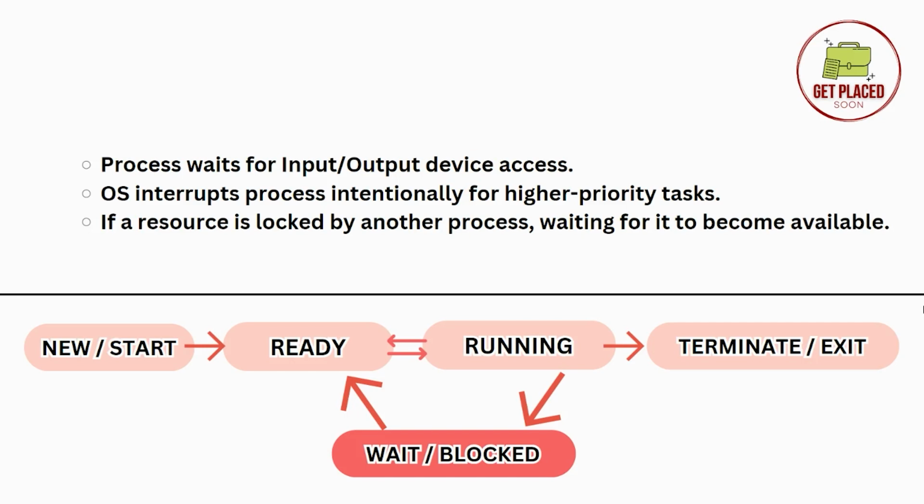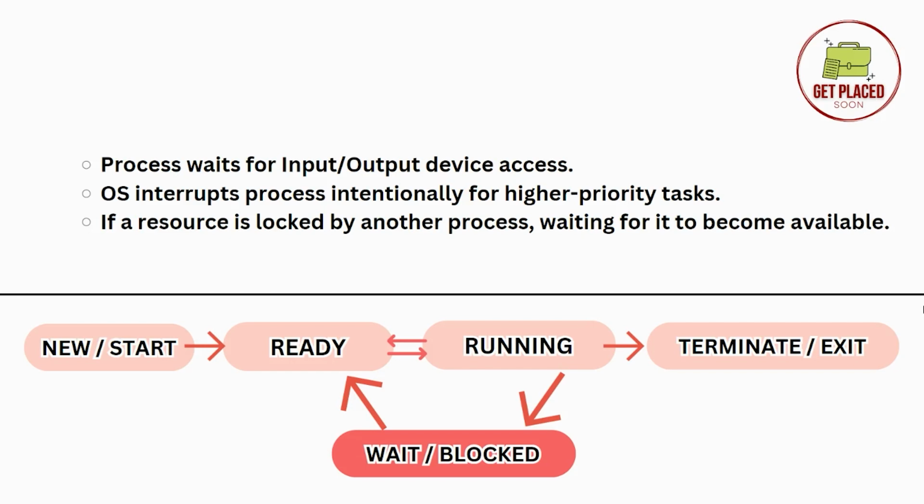There might be several reasons for the process to halt here. The first reason, as you can see here, is that some user input or output device access is required. So from execution, it will come to the wait stage and wait until it gets the input. Or the OS knowingly interrupts the process for higher priority tasks.